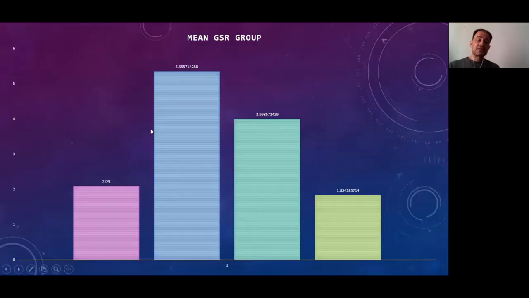Now, these are some psychophysiological measures. This is the sweat response, and this is the group. So these are the average of all the people we did the research with. At baseline, they were at 2 microsiemens, which is okay, it's normal. When they were processing, they went up to 5. Right after the session, they went down to 4, and then 1 week after, at follow-up, this is baseline before the Brainspotting session.